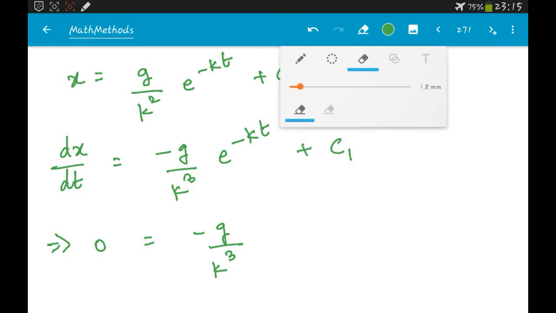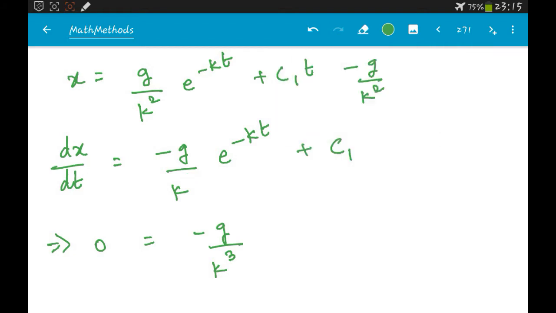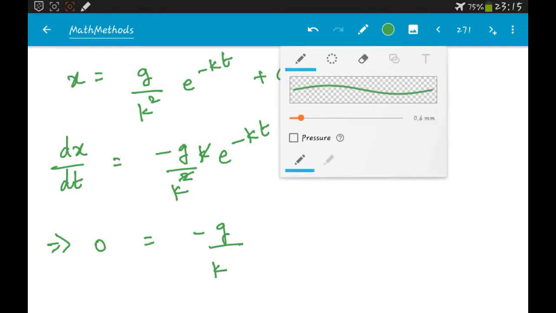So we are differentiating this, so this is going to be k square into k, because when we differentiate it, this minus k comes as a factor here.